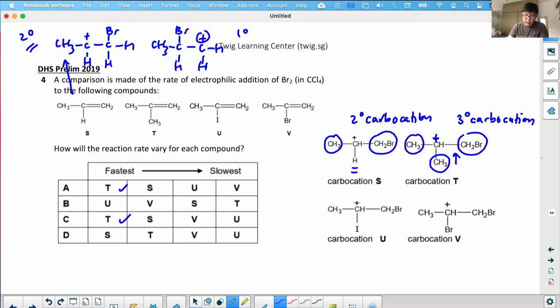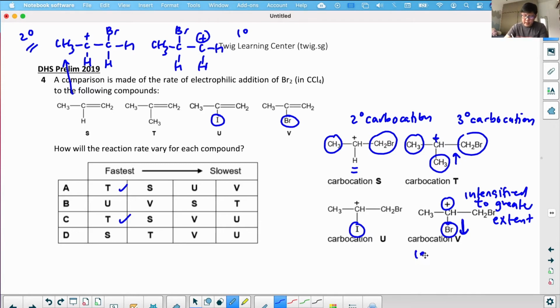If you look at U and V, I'm going to compare U and V because this one has I and Br. So there are two halogens here. Between I and Br, we know that Br is more electronegative and more electron withdrawing compared to I. Because of that, the positive charge here will be intensified to a greater extent, because it becomes more positive as the Br is pulling electrons.